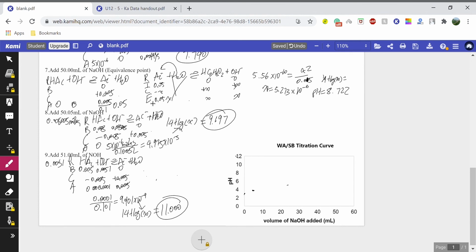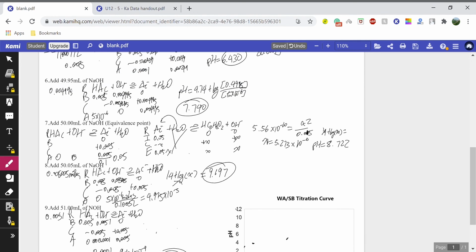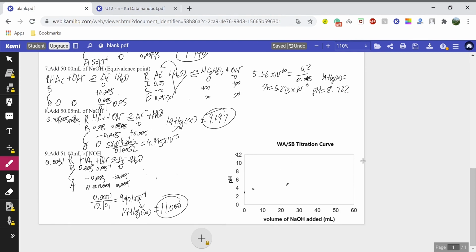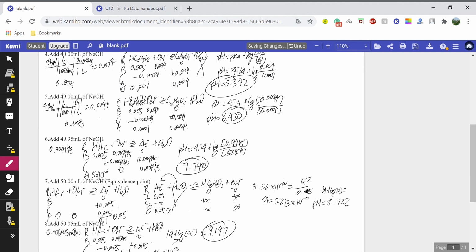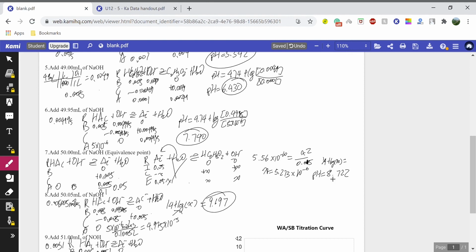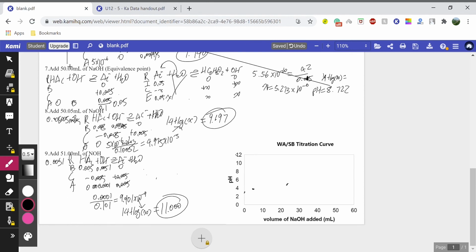And then we add 49, which will be 6.4. At 49, it will be 6.4. And then this one is 7.74, but we don't really need to draw it because this is only like 0.95 milliliters of difference. So we can keep that there.